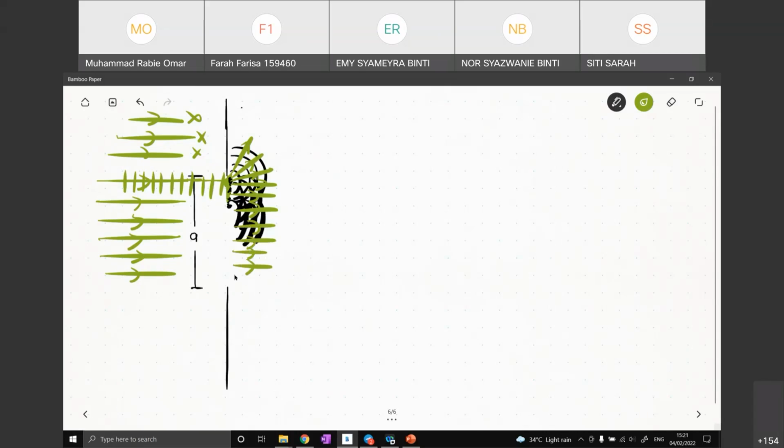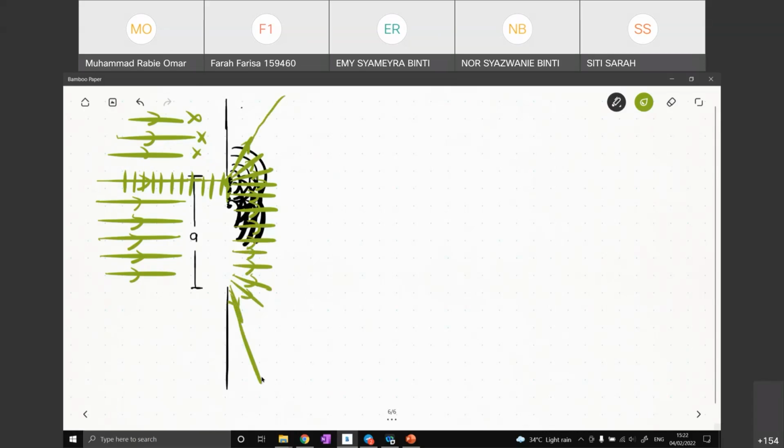So it is actually expanding. The light rays, a collection of rays, will expand.